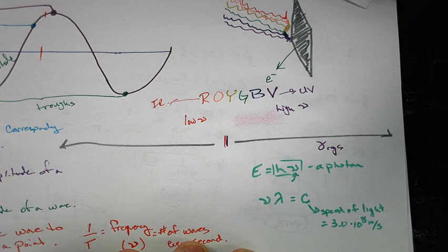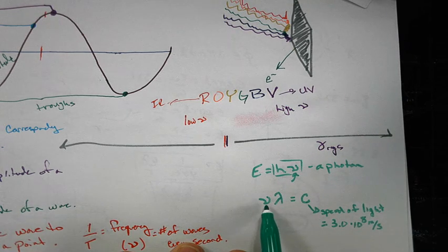Which is really fast. In fact, it is the cosmic speed limit. Thou shalt not go faster than the speed of light. With some caveats in there. It's impossible to do. You reach infinite mass when that happens.